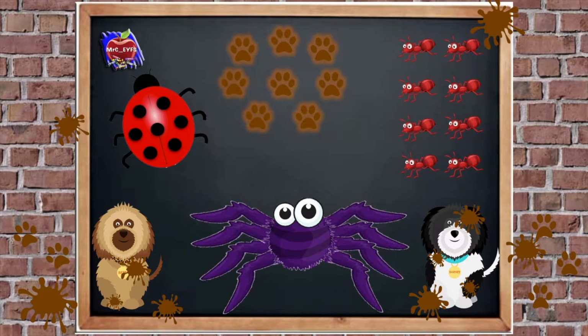So which one is it? Well, do you know, because all of these groups are bugs or mini beasts, we could say that the muddy footprints are the odd one out. And you would be correct, you would be right. But I think there's a different way.